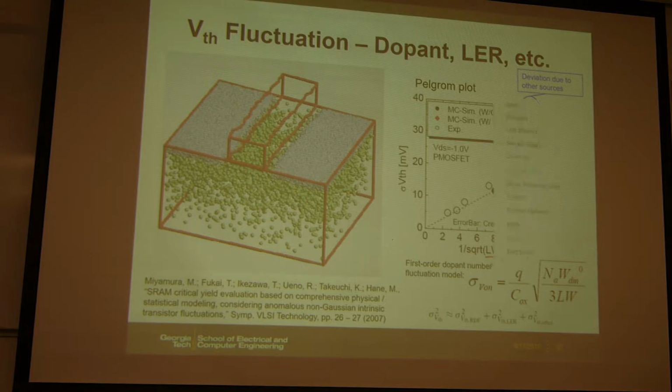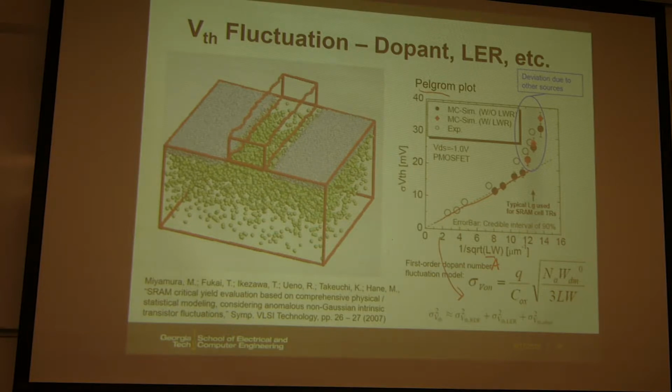Then we can have this kind of plot, sometimes called the Pelgrom plot, and it follows this trend. This is due to the random dopant fluctuation, and as we discussed before, this is the model.